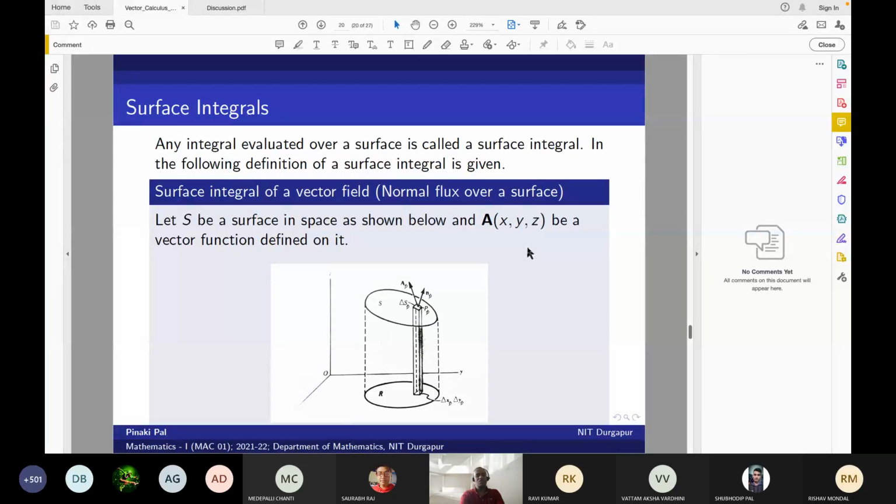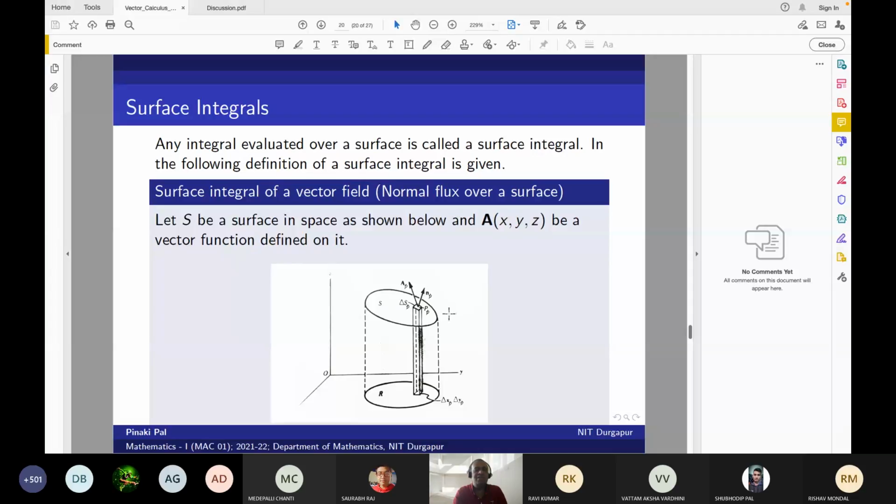And what else do we need? We need either a scalar function or a vector function defined on that region. So these are the two basic requirements to start with: a region of integration and a function, which may be a vector function or a scalar function, defined in that region. Then what is the basic procedure?